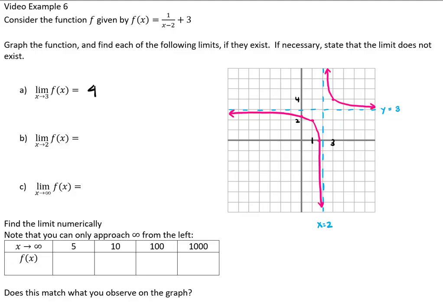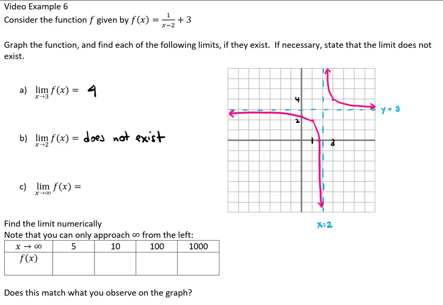When we ask ourselves, what is the limit of f of x as x approaches 2? Well, when we look at 2, we have an asymptote here. And when I'm approaching 2 from the left-hand side, the value approaches negative infinity. And as I'm approaching 2 from the right-hand side, the value reaches positive infinity. And those aren't the same answer, so that does not exist.